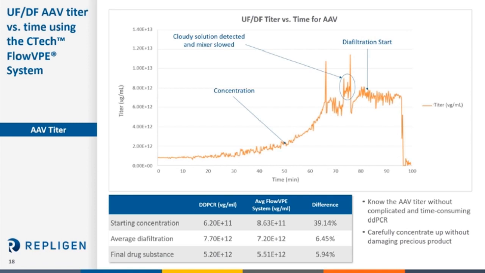In this graph, you can clearly see the stages of concentration up to diafiltration starting, and able to take these time points and quantify a viral titer concentration over time. And as you can see, compared to the expected offline values, we align very well. In this particular case, using the FlowVPX technology, there's zero sample manipulation since the entire process is done in line.